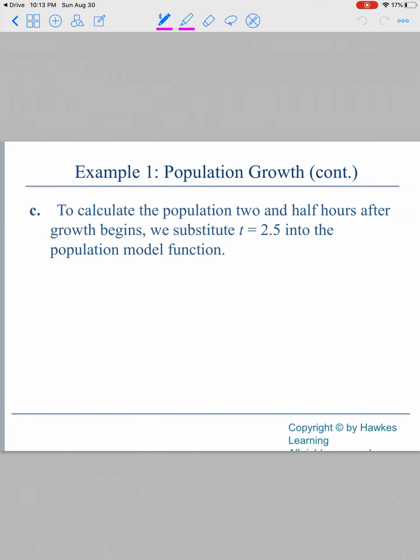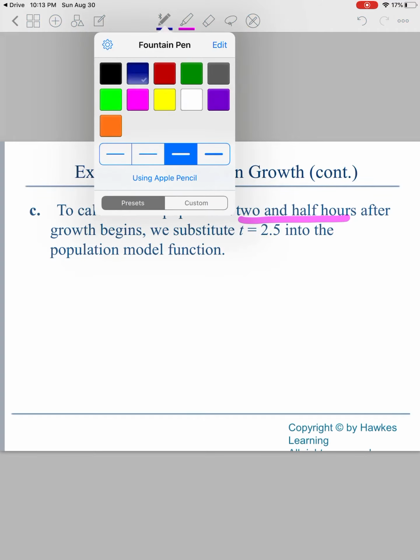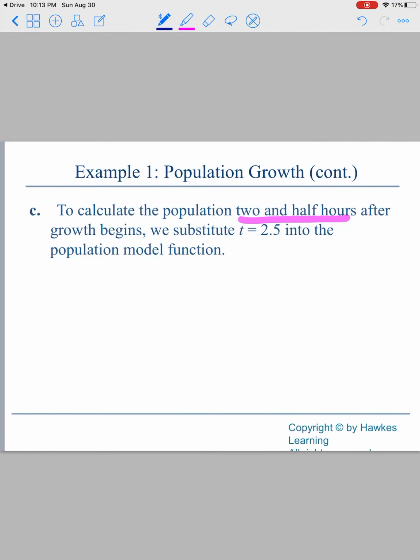And then the last part of this one is to calculate the population. So now I want to know how many bacteria I will have 2.5 hours after I start this experiment. I'm still going to use that same function, P of T equals 1,000 times 2 to the T power.